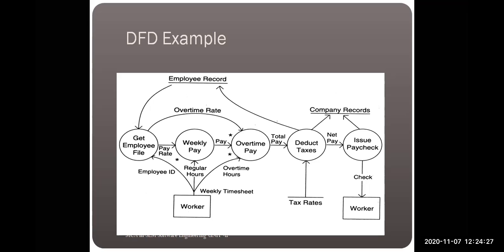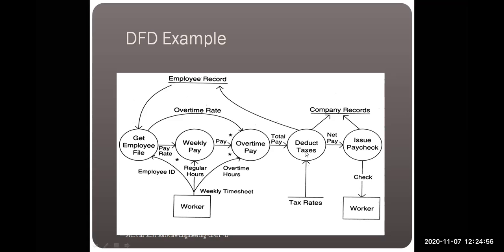So after that, finally, the paycheck is issued for the net pay. The amount paid is also recorded in the company records. So after processing all these things, get employee file, weekly pay, after that overtime pay, next deduct taxes, then we will get a net pay. Based on the net pay, we will issue a check.